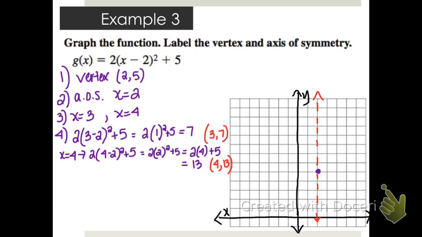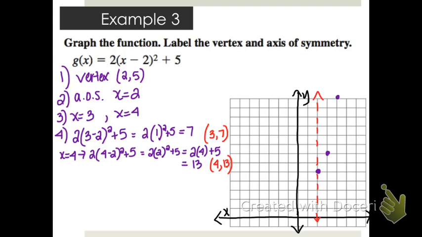So I'm going to go ahead and plot those points. So positive (3, 7). So this is right here. Then I also have (4, 13). So 7, 8, 9, 10, 11, 12, 13.